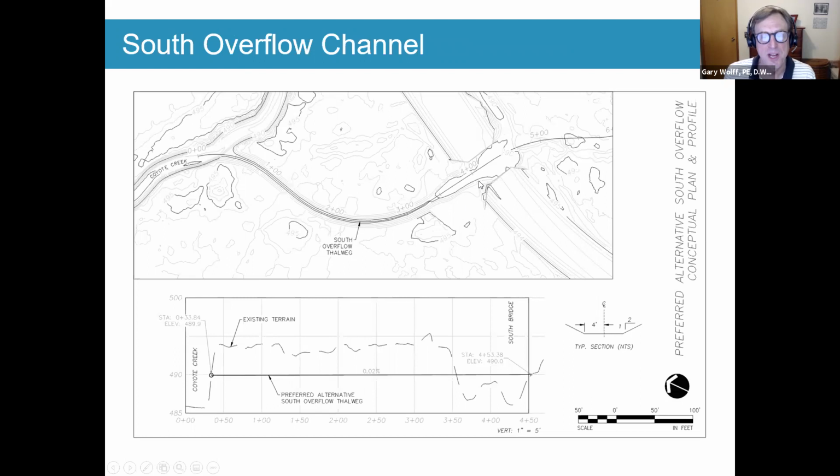Just real quickly here, this is that grading that we did for that overflow path to allow an overflow channel downstream of the South Bridge, which kind of matches up with the natural overflow paths in the floodplain upstream. So this actually could maybe help them with some environmental mitigation depending on how that process goes.